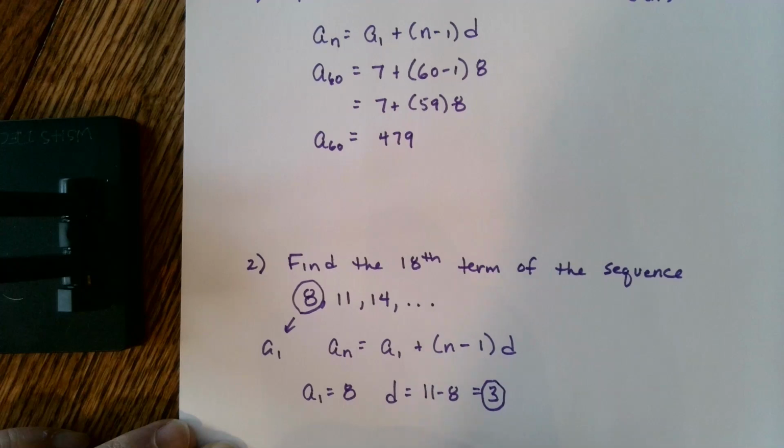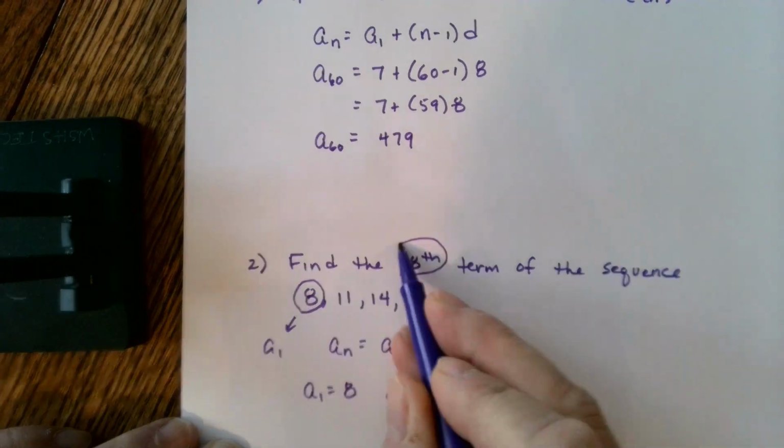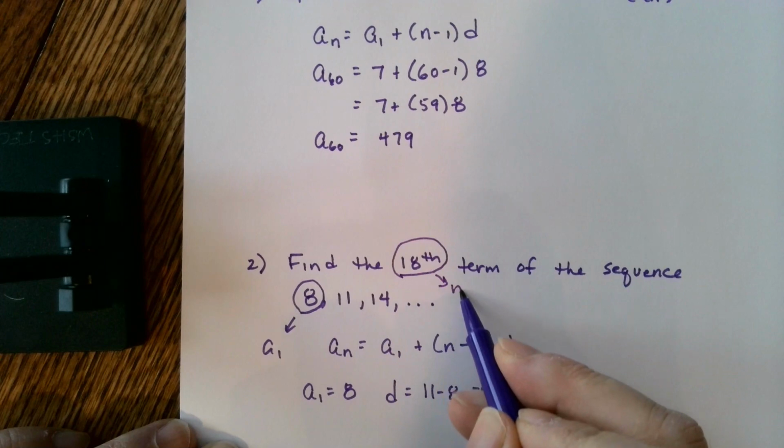I now need to see if I can figure out anything else in this formula, and I can figure out what n happens to work out to be because they asked for the 18th term. So 18 happens to be my n.